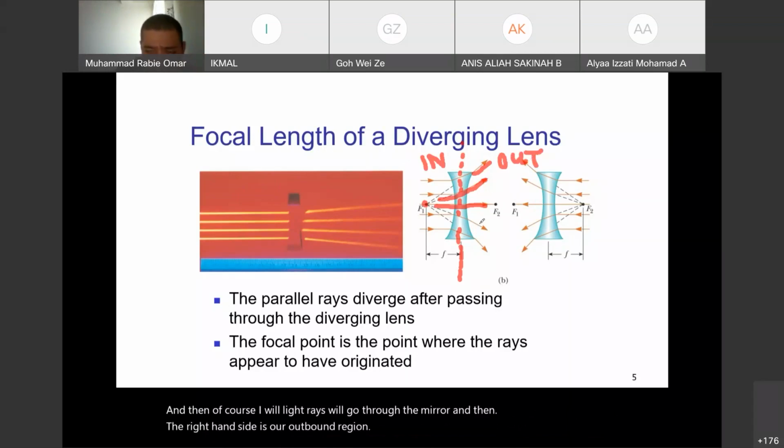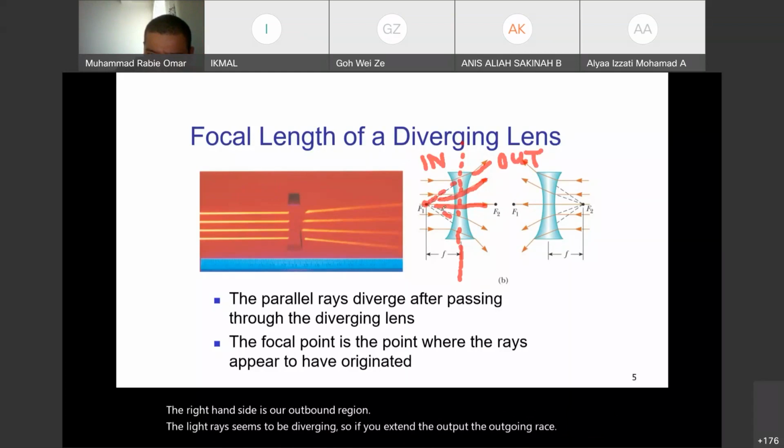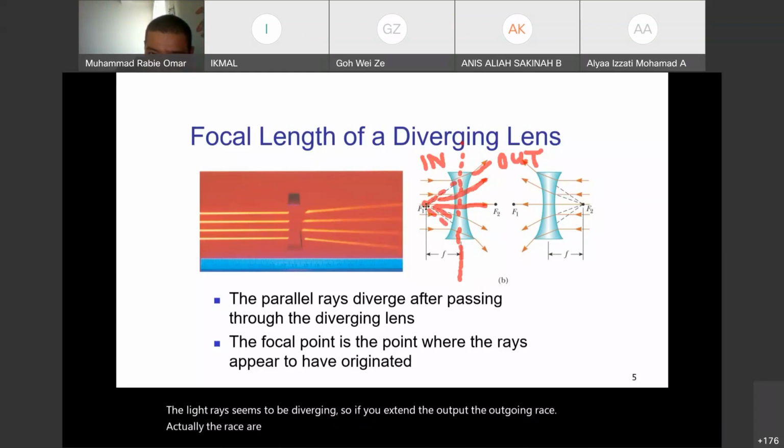The light rays seem to be diverging. So if you extend the outgoing rays, actually the extended rays are focusing at a point here. So this is the focal point.